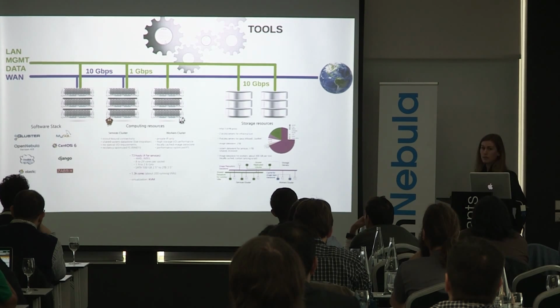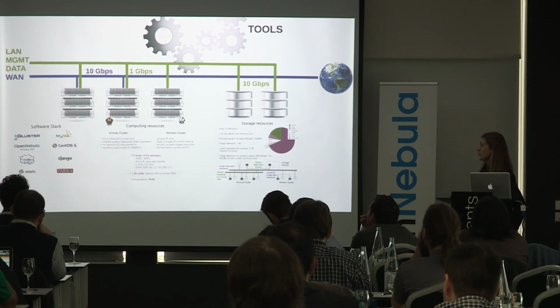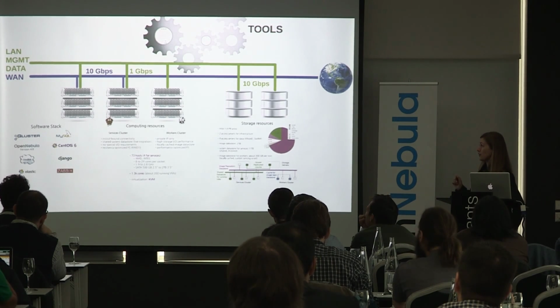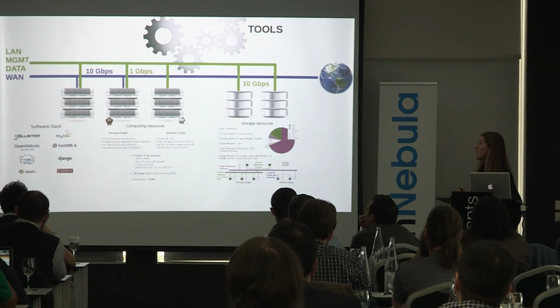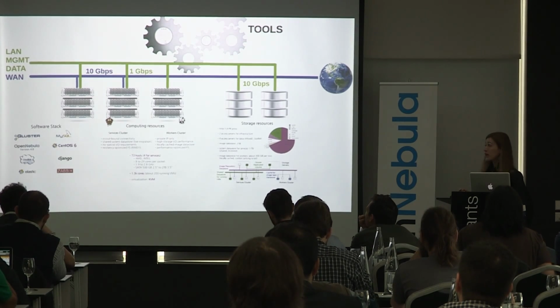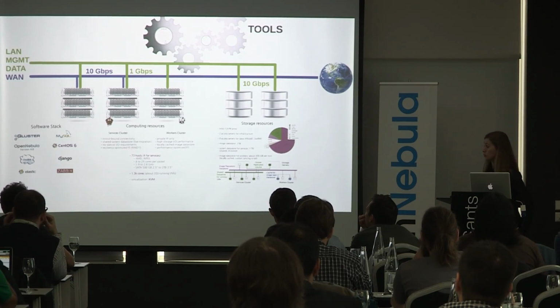One is the public network, and the other one is a private network on which we collapse three things: the private networking among virtual machines, but also management and data access, all on the same network. We have 10 gigabit per second connections on the public network, and 1 giga to the servers and 10 giga to the storage on the private network.